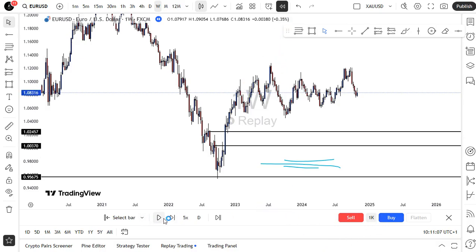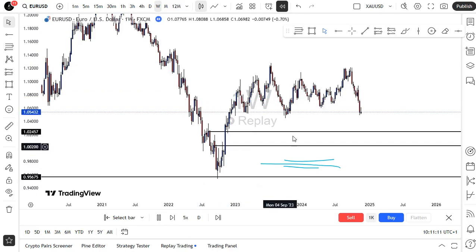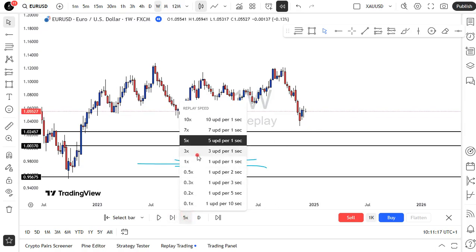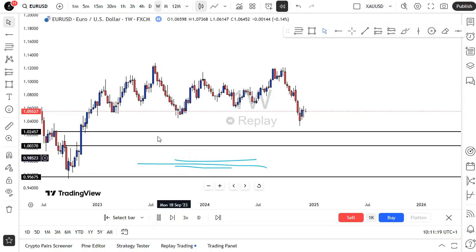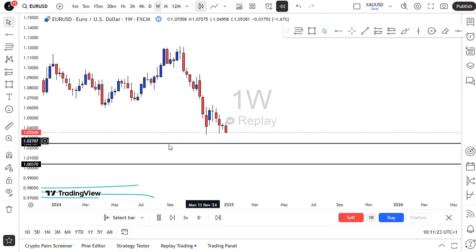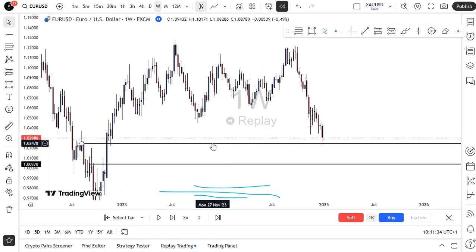So I'll play it now. Let's wait for it gradually. Can I reduce the speed a bit? So now observe clearly. Bam. So the moment this happens now, can you see? The moment this happens on this level, that is where my attention will be.